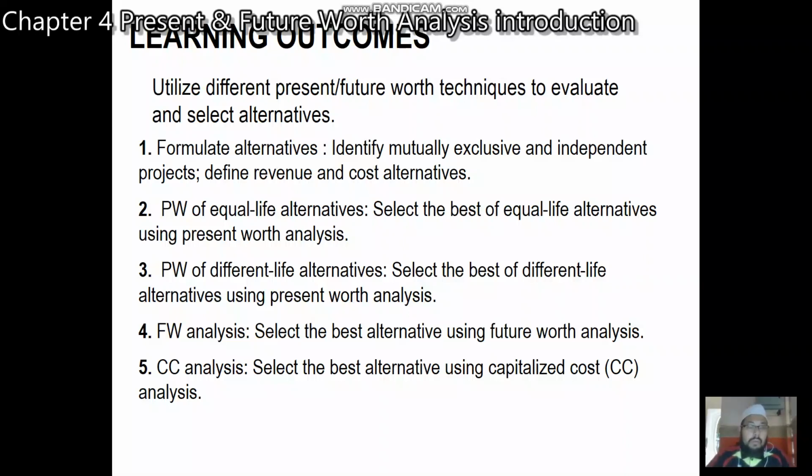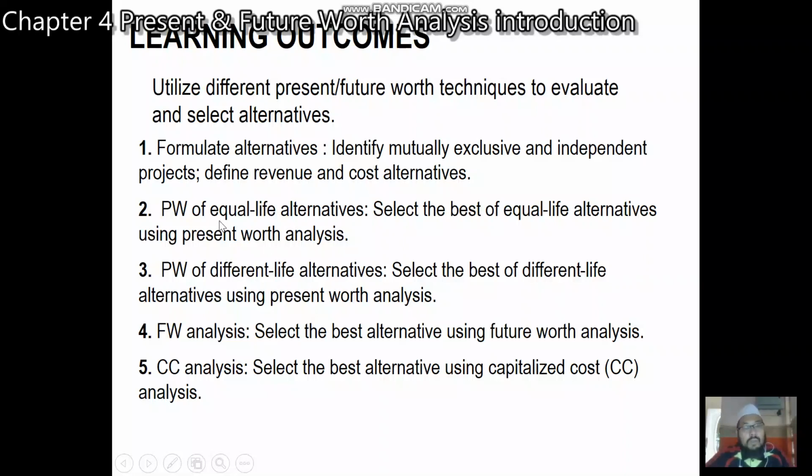And after we have understood formulating alternatives, we move to the second outcome and the third outcome about the present worth analysis. So learning outcome number 2 and learning outcome number 3. In general, there are 2 types of scenario that we can categorize. One with equal life alternative problems, and the second one with different life alternative problems.